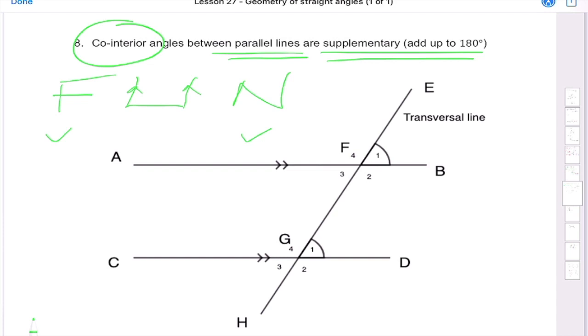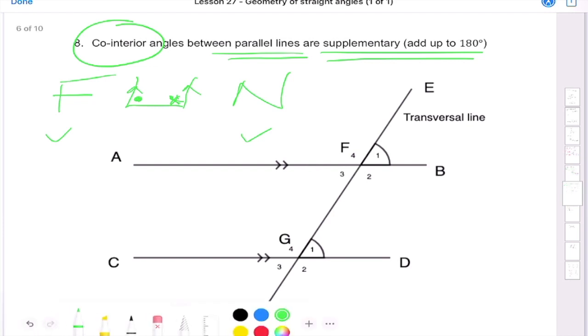So these are two angles that are inside, which is why one of them will be this one here, and the other one will be that one there. So those two angles are called co-interior angles, and when you add them up together, they will give you a total or a sum of 180 degrees.